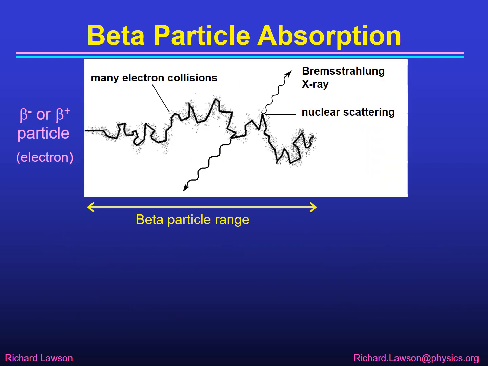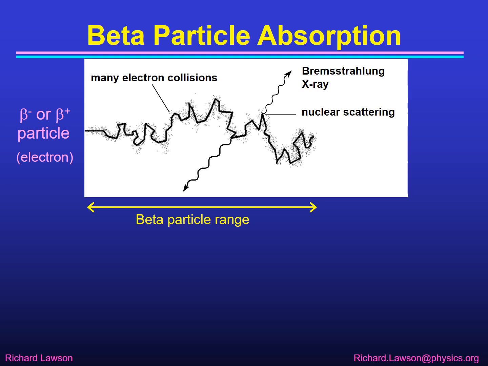If we think about beta particles, the beta particle, an electron or a positron, a beta minus or a beta plus, is much lighter, and it only has 1 unit of charge. So an electron passing through some material will also cause ionization, but because it's so light, it's very easily deviated and undergoes a very zigzag path as it passes through matter.